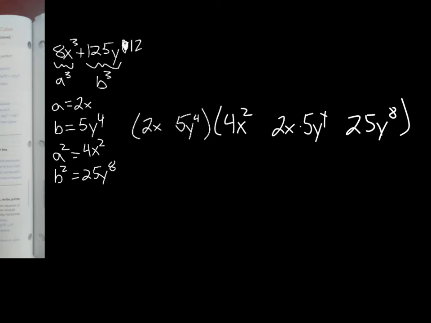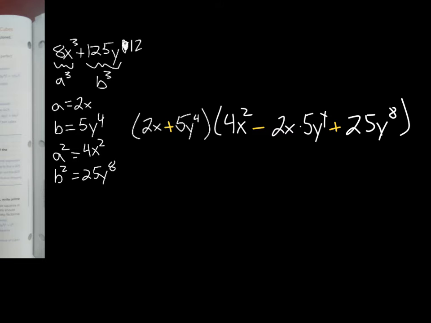And now all we're worrying about is our signs, because even if this was subtraction, we do this part the same way. So now I'm using SOAP: same sign, so we started with a plus, so the same sign is a plus. Opposite sign, so now we're at a negative. And then this last one is always going to be positive.